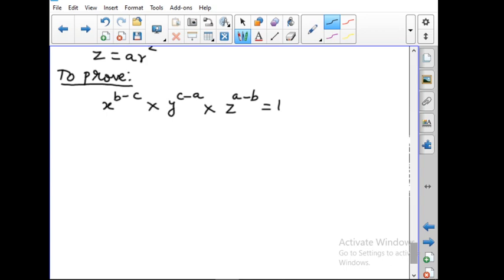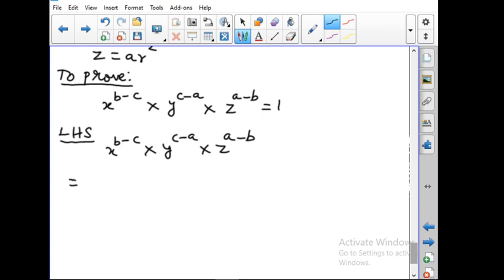This only we want to prove. From the given, we take the LHS. What is our LHS? LHS is X power B minus C into Y power C minus A into Z power A minus B. Here you have to substitute the X, Y, Z and the A, B, C values.